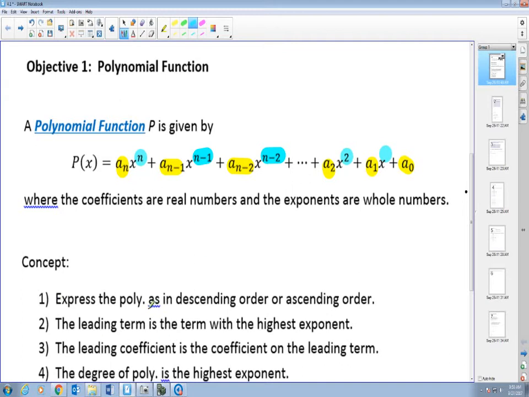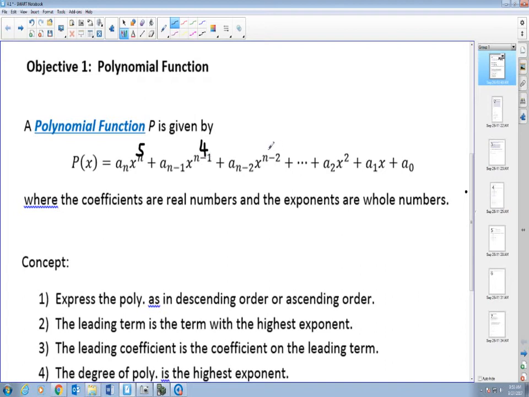Polynomials we normally express in descending or ascending order on the exponents. What I mean by that is, if I start you off with n equal to 5, that means x to the 5th power. The next one is n minus 1, which is 4.